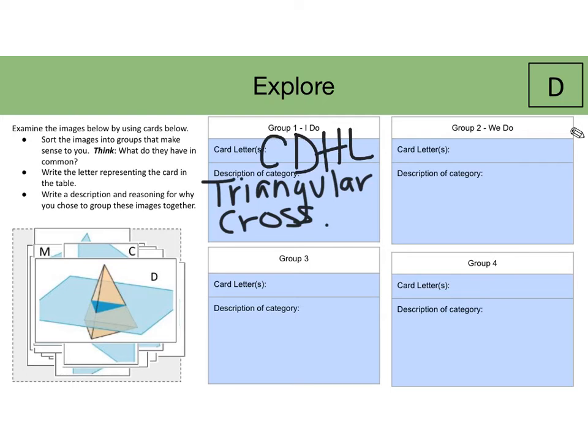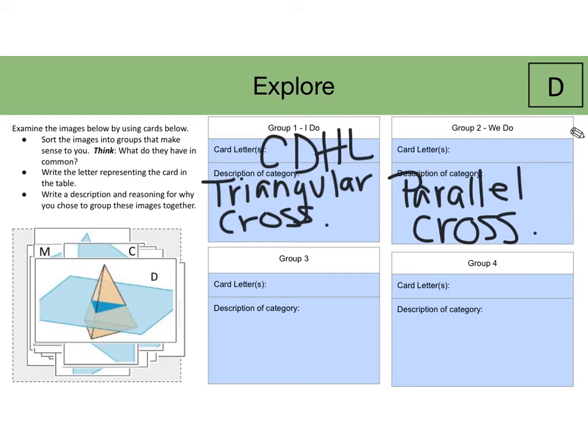As a we do, for example, you can give them the category, which can be parallel cross sections. So not only can they think about the shape, they can also think about how the plane is slicing through the solid.